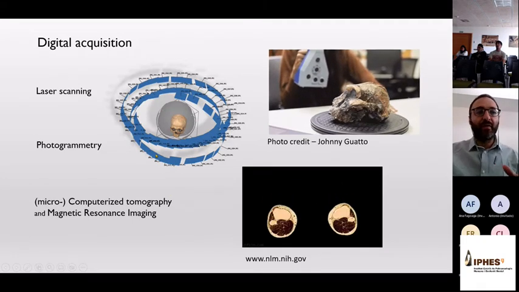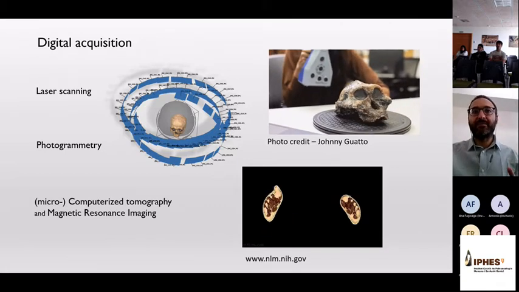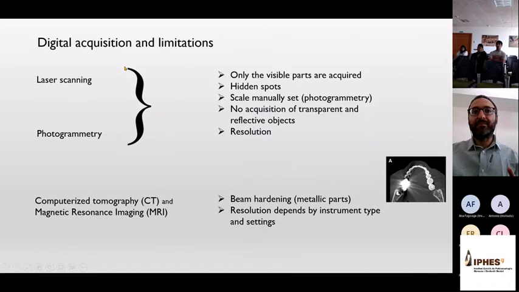But each of these techniques has some limitations. We know that with laser scanning and photogrammetry, only the visible parts are acquired, so we have to be careful with hidden spots. In addition, with photogrammetry, we have to scale the 3D model manually, and it depends on the camera or the resolution of the device.